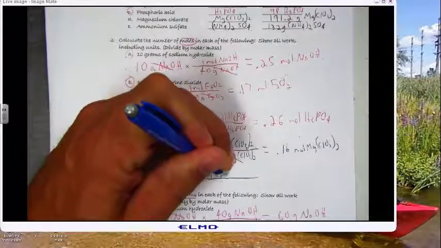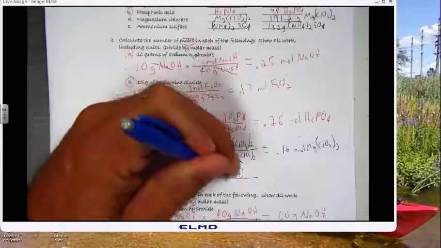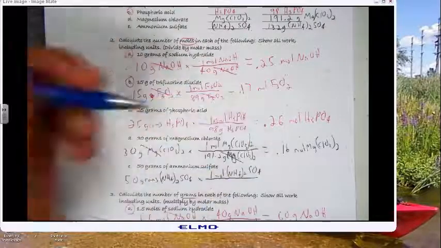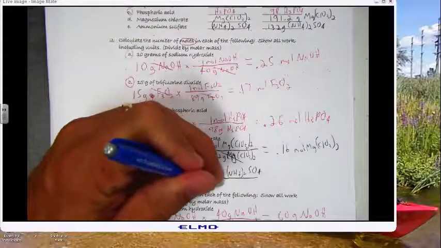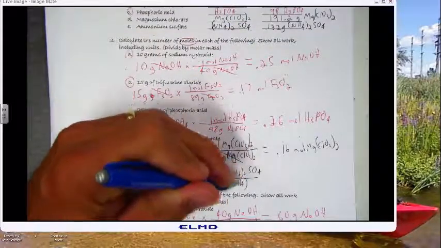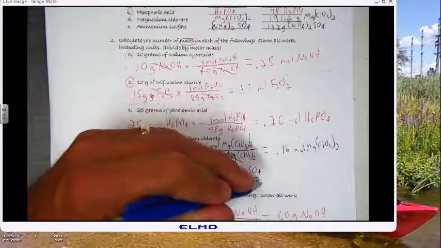1 mole of ammonium sulfate is 132 grams. Ammonium sulfate.